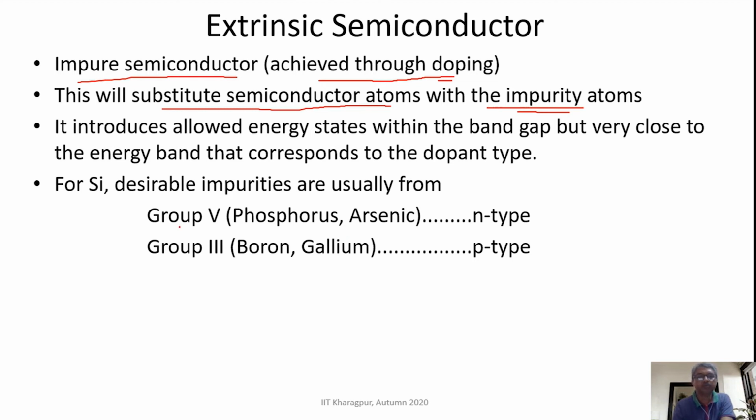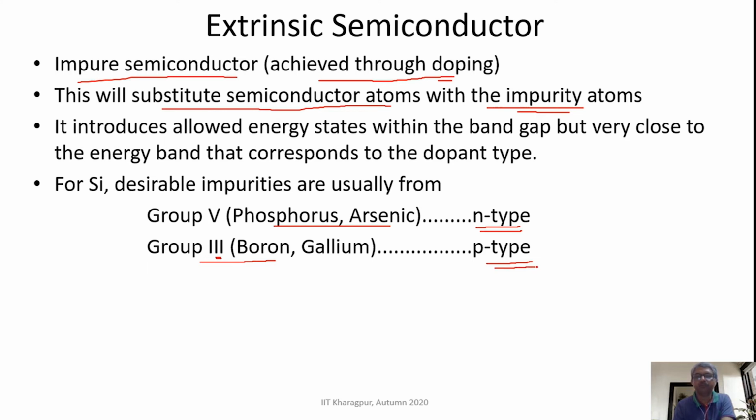The usual impurities we use for extrinsic semiconductors are group 5 elements, for example phosphorus or arsenic, and we call these extrinsic semiconductors n-type semiconductors. So if we dope silicon with phosphorus or arsenic, we call it n-type. If we incorporate boron, a group 3 element, in silicon, it becomes p-type.